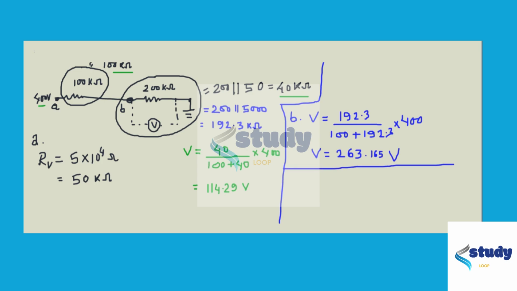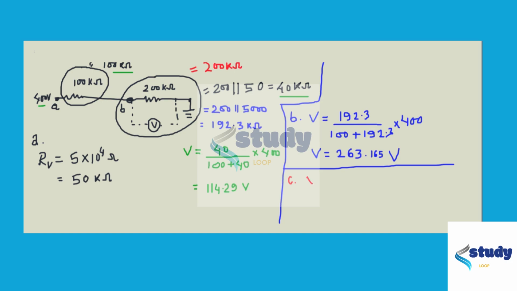So we are done with part B of the problem. Now for part C, let me use red. For part C, what if the voltmeter has infinite resistance? If the resistance of the voltmeter is infinite, no current flows through it, right? So the equivalent resistance of the combination of the voltmeter and 200 would be just 200, right?